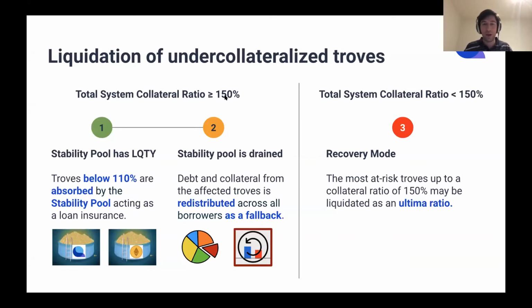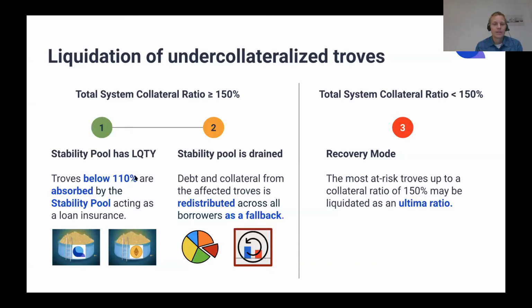And there is this extra risk when the system drops below 150%, that you as a borrower would then also be subject to liquidation, even if your own position has a collateral ratio between 110% and 150%. So we liquidate up to 150% if the total collateralization of the system is below 150%. If it's above 150%, you are safe with your position at, let's say, 111%.